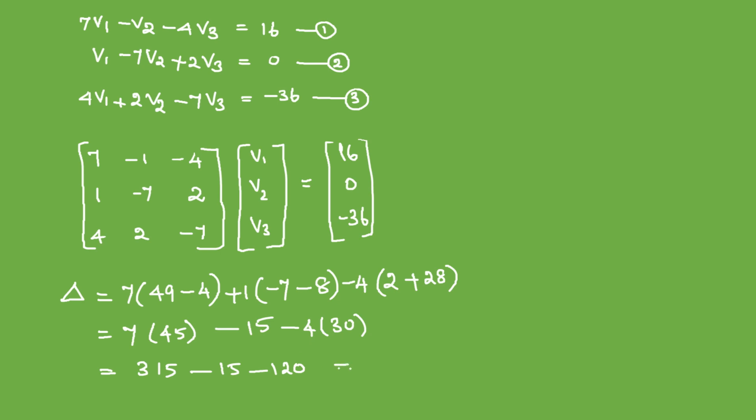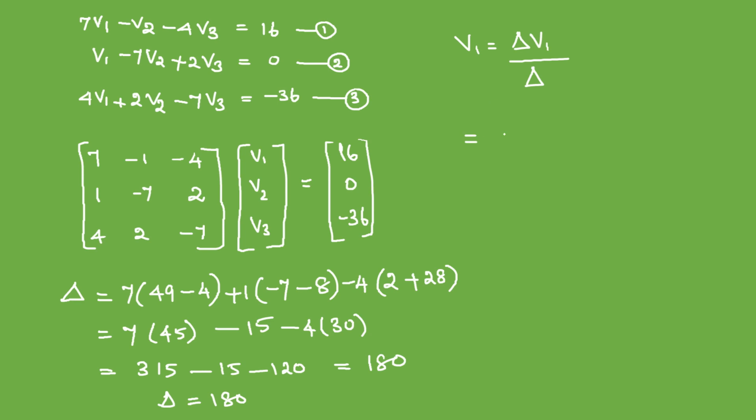So this is 180. So delta is equal to 180. Okay. So now we want to find out V1. So V1 is del V1 divided by del. V1 is equal to del V1 divided by del, isn't it?